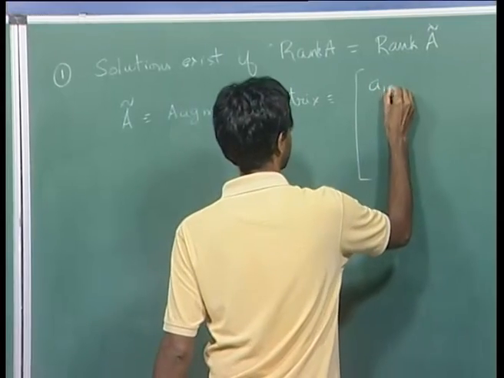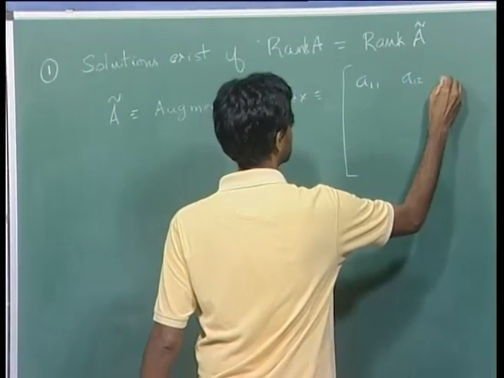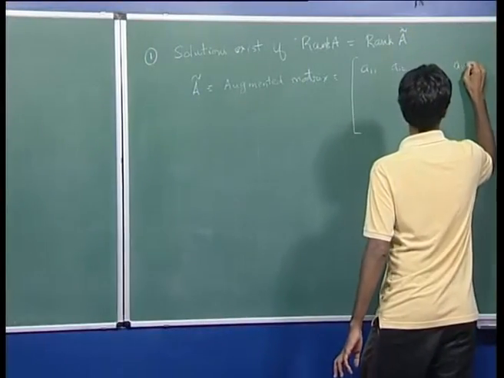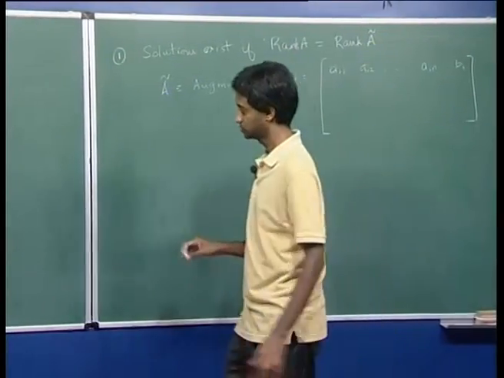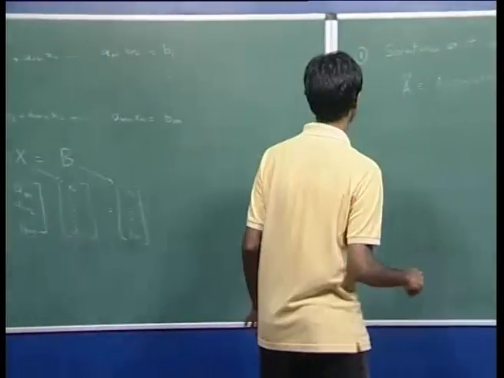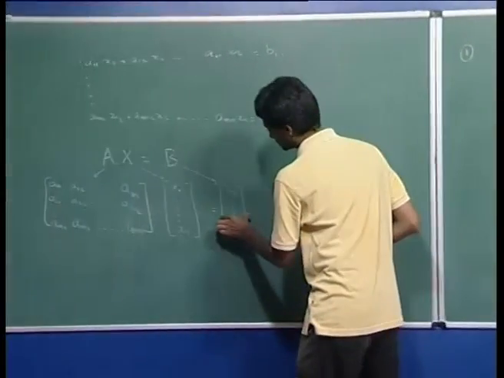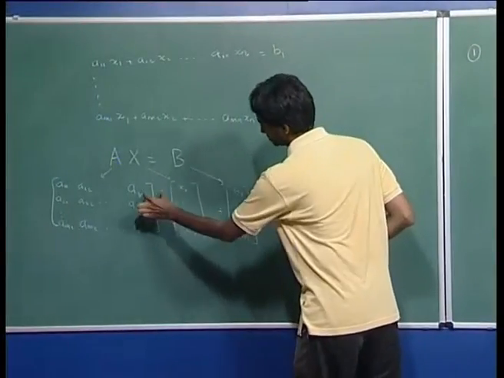So, it looks like a11, a12, up to a1n, and then you put b1. Okay. So, what you do to construct this matrix is you take this vector and put it here.